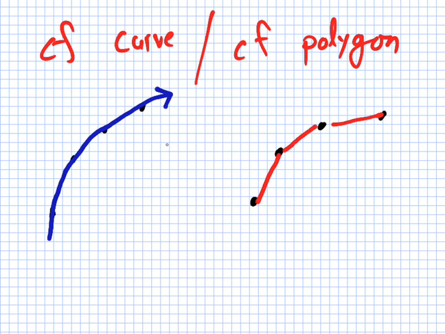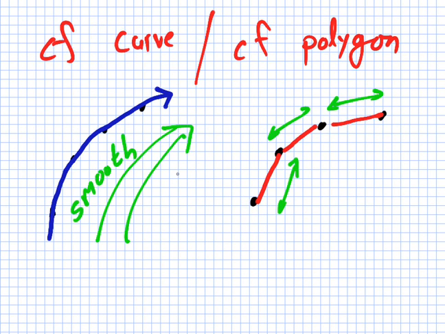Please be careful in the exam. Make sure before you start drawing, you know you're drawing the right one. It'll cost you 1 mark if you draw the wrong one. So this one is called the curve, and this one's called the polygon. So here, these are all flat, and this is a smooth curve, like this.